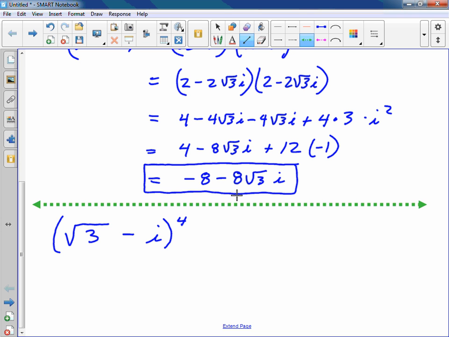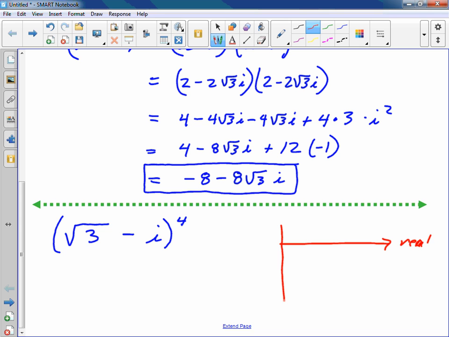We got to do a little bit of work first, though, to set this up, because this is in rectangular form, and we need to get it into polar form. Okay? So let's, as always, draw a little picture, because we love pictures. And so we would have our real axis here, and our imaginary axis here.